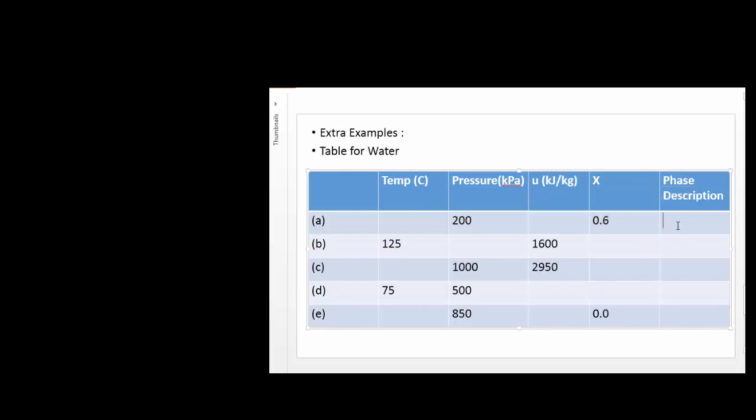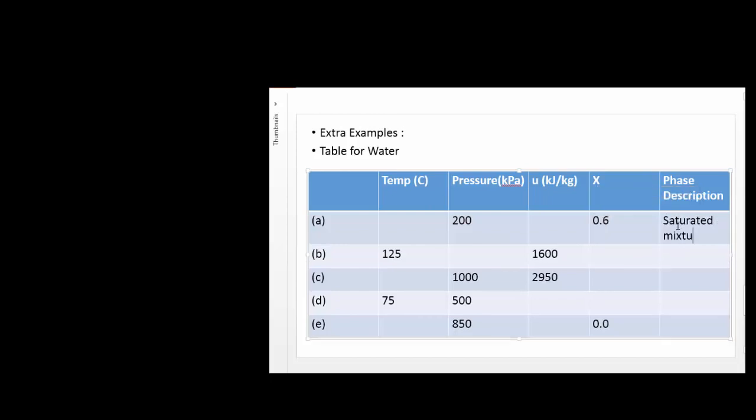This is definitely a saturated mixture because it has some quality. Remember, the quality only applies to saturated liquid, mixture, and vapor: 0.0 for liquid, 1.0 for vapor, and whatever is in between must be the mixture. After this, we can directly go to table A5.